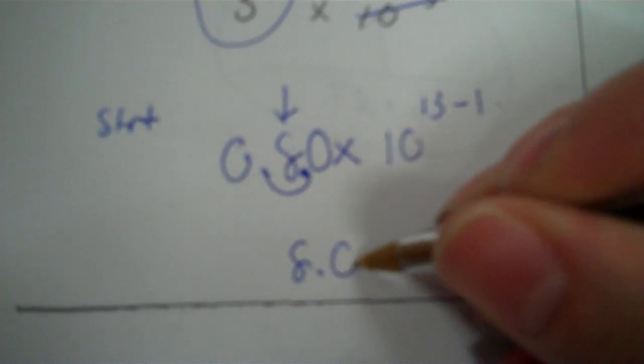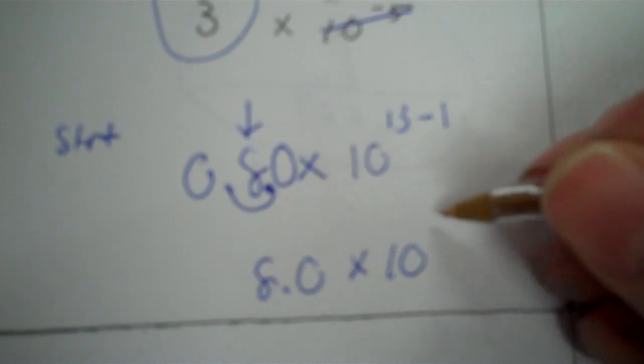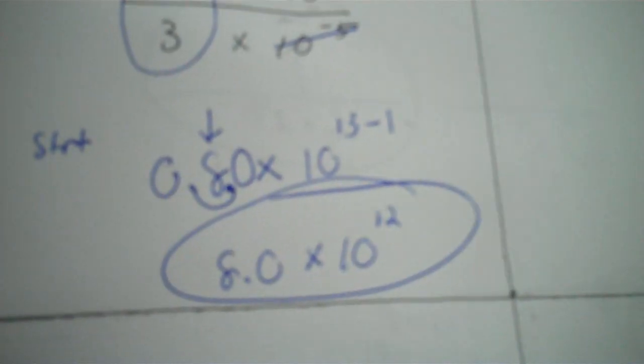Okay, so now you start here and you got to find your first number going this way that isn't 0. That's 0. So right here. So to put a number after it, you put a 0, and you need to move the decimal so it's between the 8 and the 0. So you have to move it once to the right. Okay. So I put 1 next to the 13. Right means minus. Okay. So it's 8.0 times 10 to the 12th power. So be careful on those.